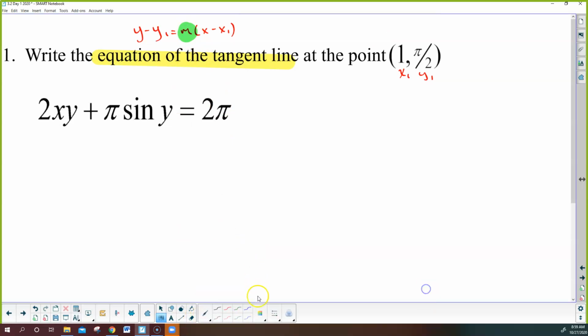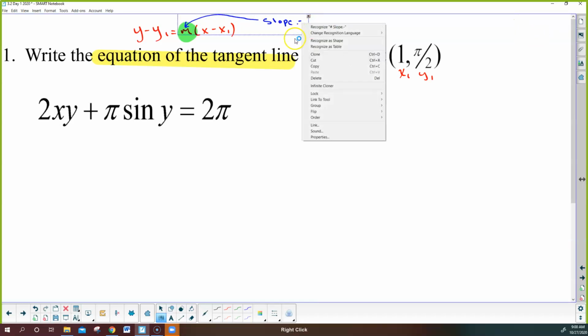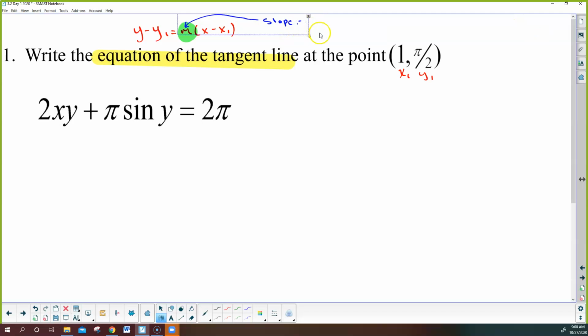And you need to remember, well, what is slope? Slope is just the dy/dx. It's the derivative.